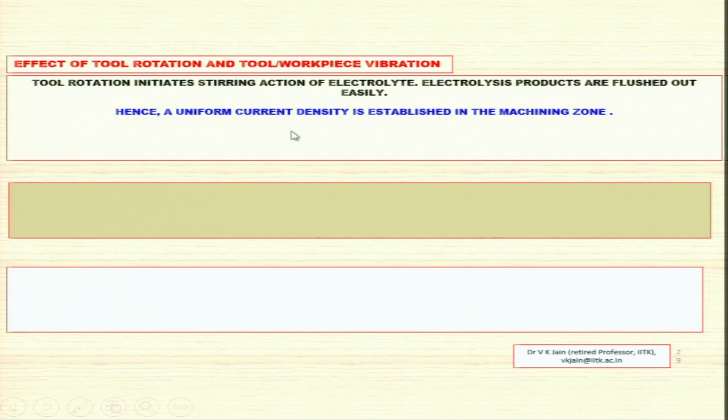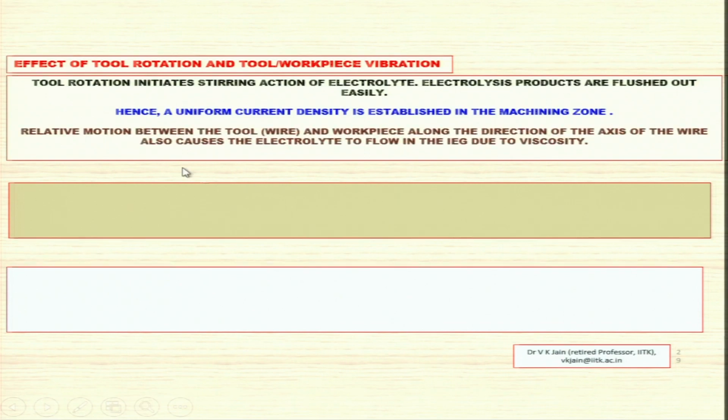Hence, a uniform current density is established in the machining zone. Relative motion between the tool and workpiece along the direction of the axis of the wire, here wire is the tool, also causes the electrolyte to flow in the inter-electrode gap due to viscosity.